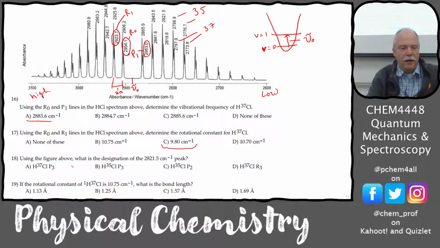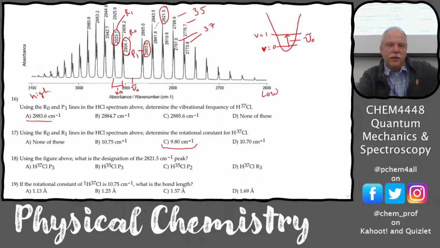Okay, and then using the figure above, what's the designation of the 2821 peak? I'm just figuring out which one to label. 2821, where is that? Right here, okay, this one. All right, so it's a 35 isotope, and so it's not going to be the 37s.